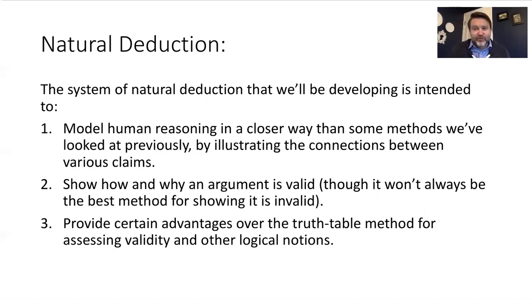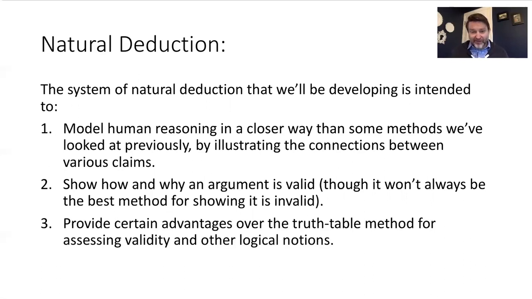Importantly, natural deduction proofs tend to be shorter than many truth tables. If you think about it, the number of rows we need for a truth table grows exponentially the more atomic sentences that we add in.